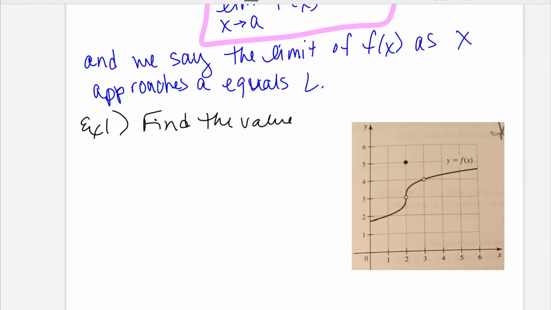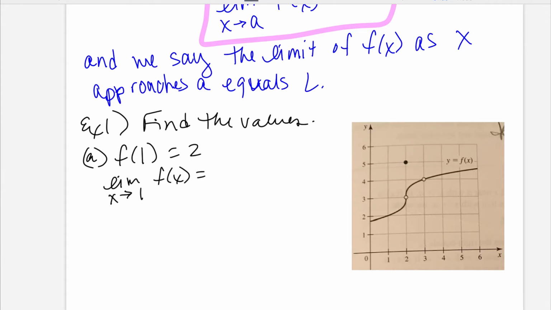Find the values. Here is A. I want to figure out what is f of 1. So at 1, what is the value of my function at 1? 2. Good. Now, what is the limit as x approaches 1 of this function?